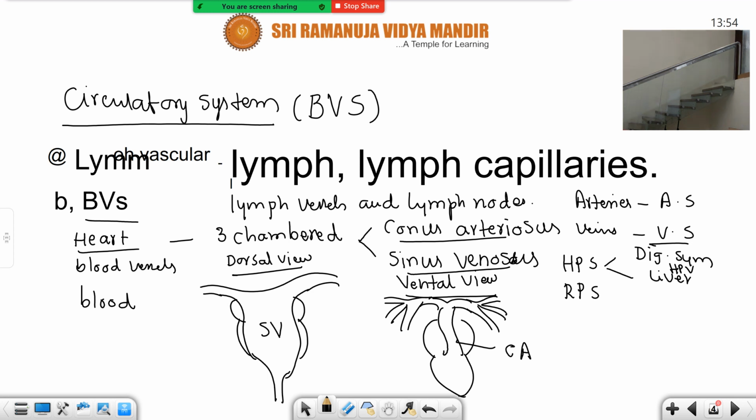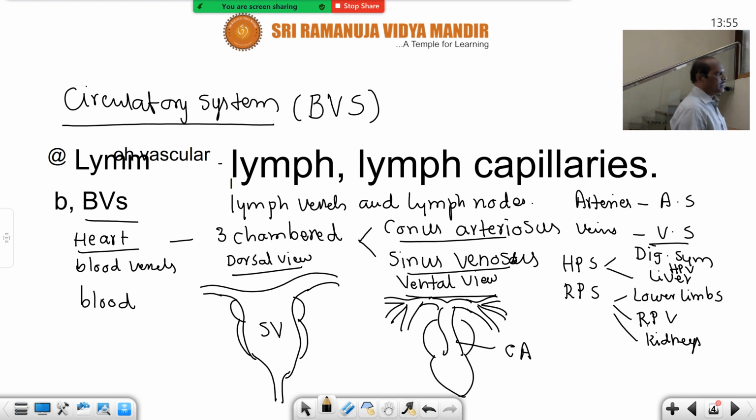Renal portal system: the lower limbs or lower extremities of the body. Renal portal vein, RPV, ends with capillaries in kidneys. It starts with capillaries in the lower limbs and ends with capillaries in kidneys. What is that vein? Renal portal vein. So like that, hepatic portal system and renal portal system are associated with the venous system.